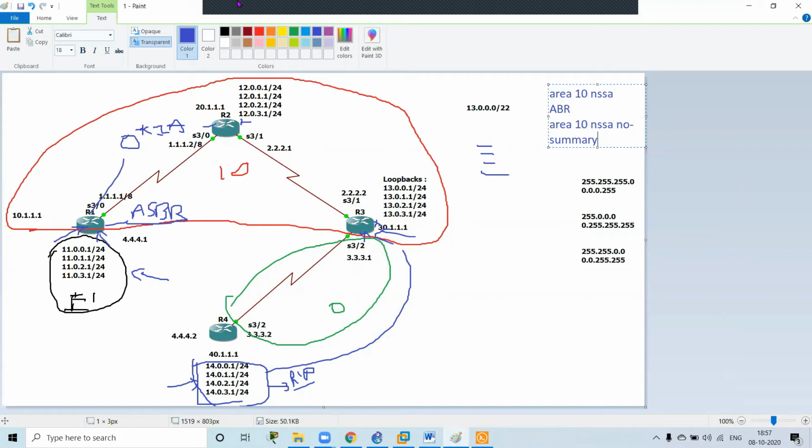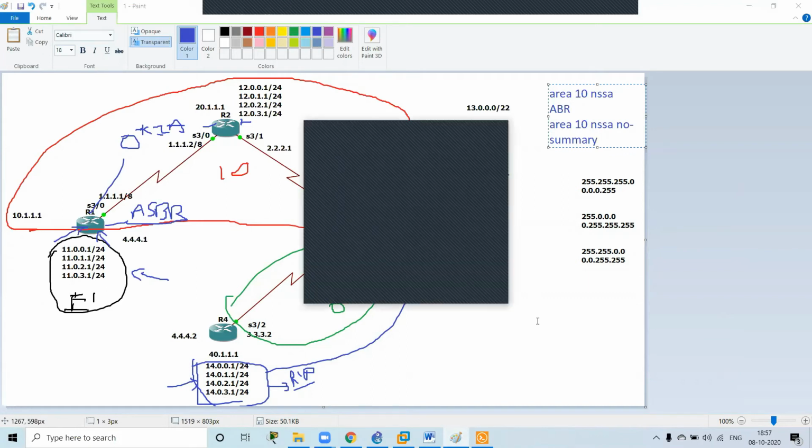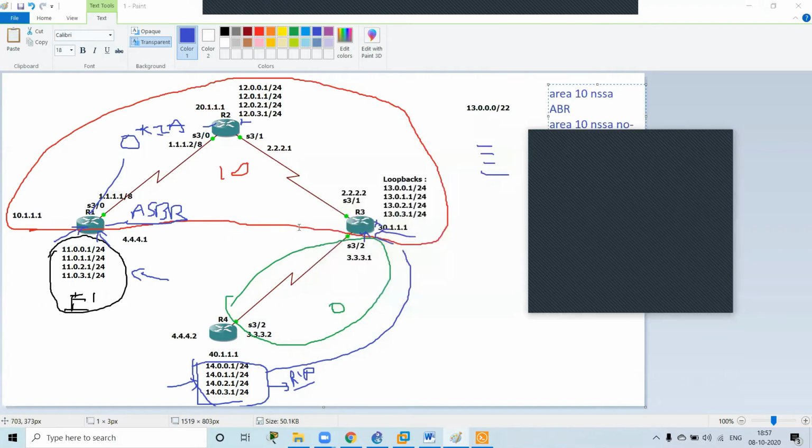ABR is a router which is running in two areas, which is having two areas. ASBR is the router having two different routing protocols. So R1 is not ABR, R1 is ASBR.